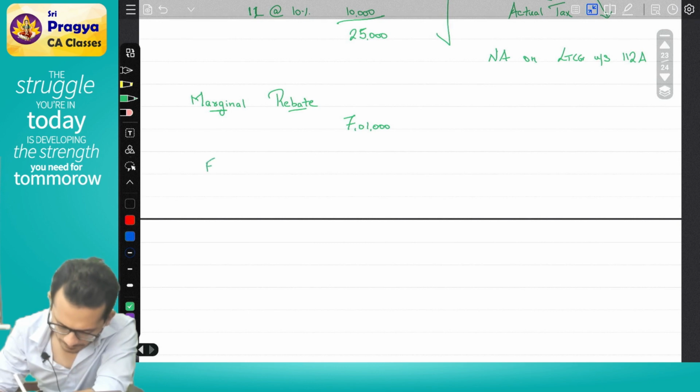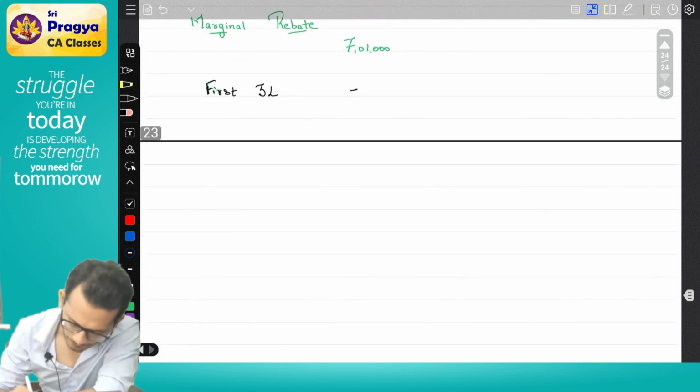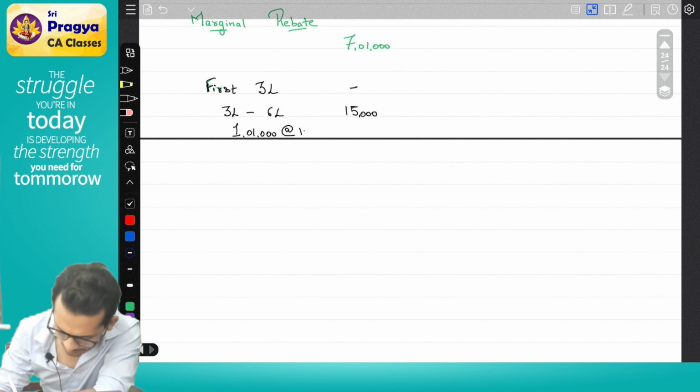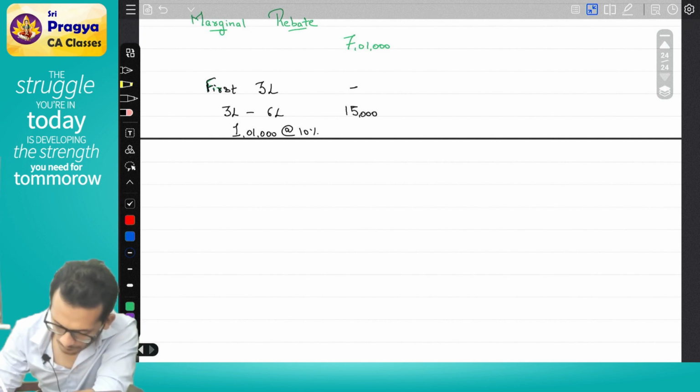For the first 3 lakhs, it is 0. Then 3 lakhs to 6 lakhs, it is 15,000. Then 1 lakh 1,000 at the rate of 10 percent is 10,100.